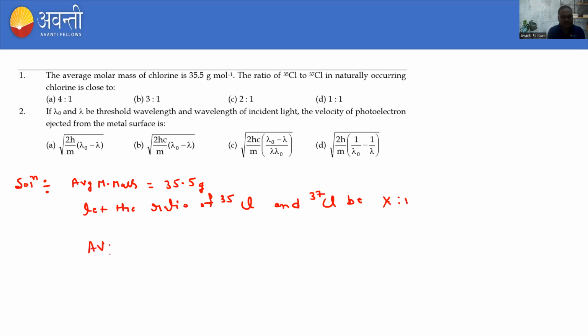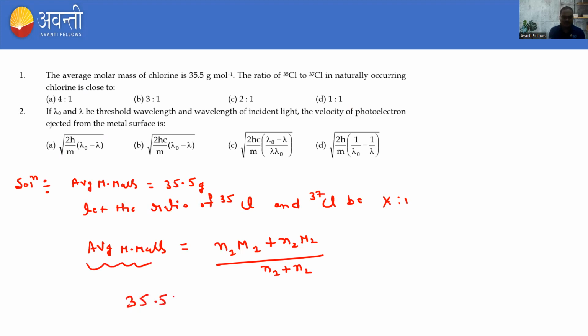What is the formula for calculating average molar mass? You all know the formula for calculating the average molecular mass, that is n1 multiplied by their molecular mass M1, similarly n2 M2, divided by n1 plus n2, right? So average molecular mass is already given in this question, that is 35.5.